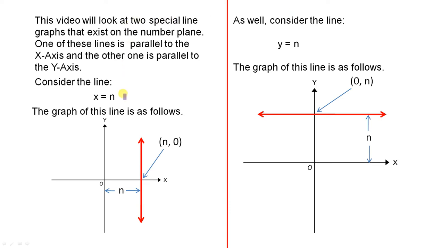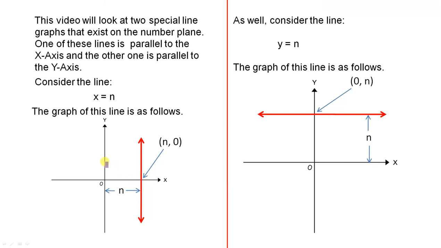Consider the line x equals n. The graph of this line is as follows. Basically, x equals n means that the line is n units to the right of the y-axis. In other words, it crosses the x-axis at (n, 0).